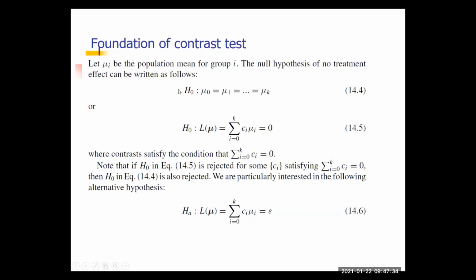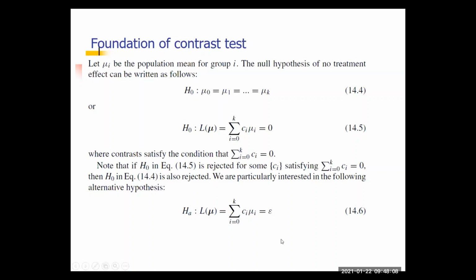So the null is that none of the doses works, or you can translate it into a contrast like this, all right? So note that if you reject this null, then this null will be rejected too, with the restriction that the coefficients have to add up to be 0, okay?